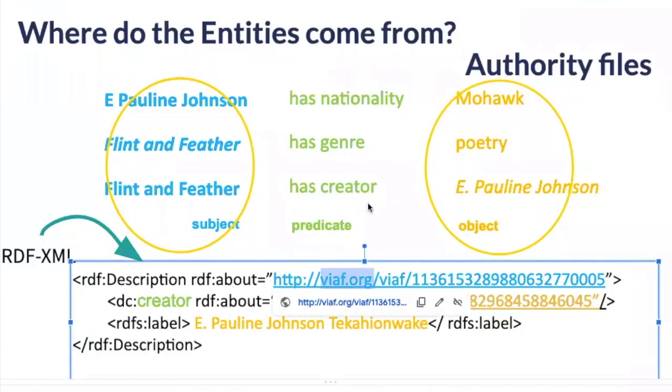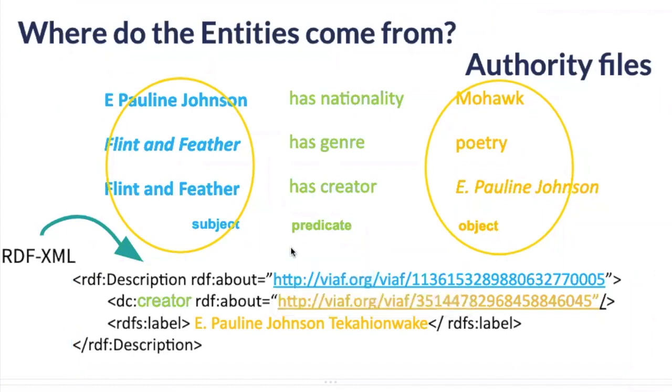This organization, this listing for the Virtual International Authority File, VIAF, might be familiar to folks. This is from the OCLC's service, which collects data about every author published in a number of contributing national libraries.